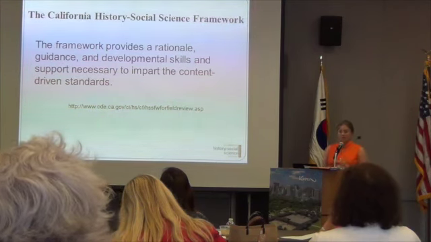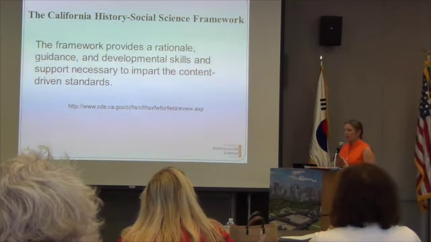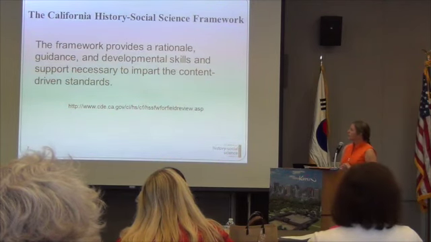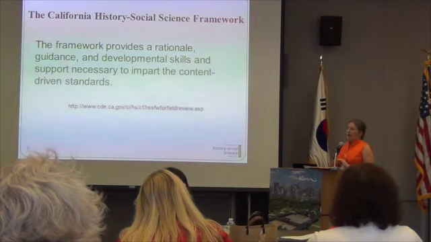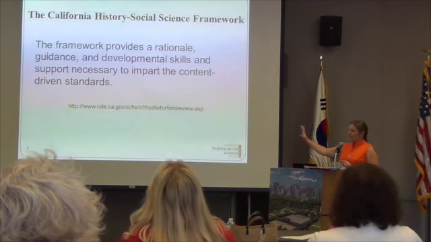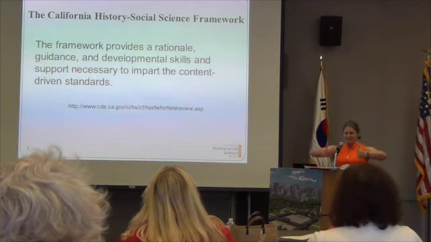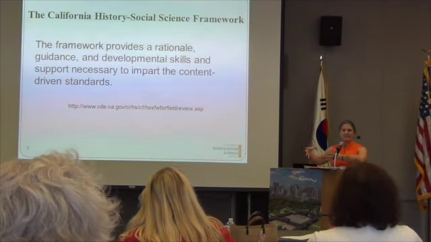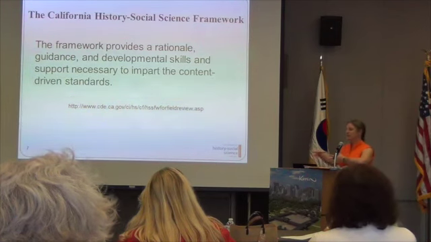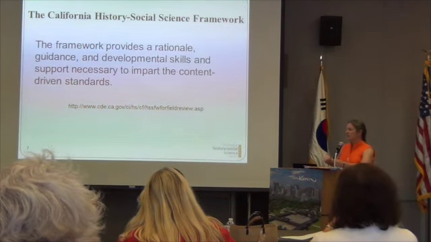So then Jane went to this meeting where they were talking about the California History and Social Science Framework. You have the content standards, then you have the textbooks, which form the basis of what teachers are doing in their history classrooms.